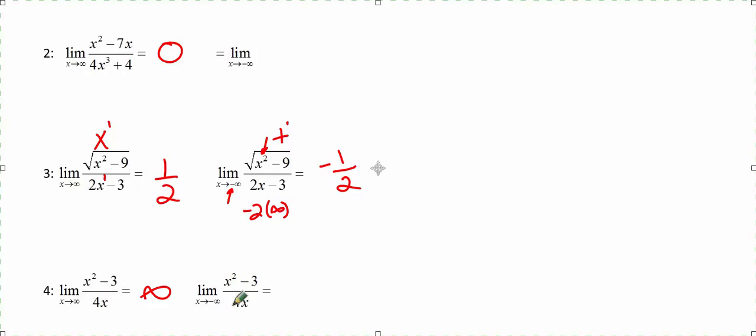If I plug in negative infinity, I'm going to get a positive over negative, so that'll actually be negative infinity. If you think about division, this will end up being basically a linear equation, but this part right here won't be, so you'll end up getting a slant asymptote. On the left side it goes down forever, and on the right side it goes up forever. So you can always verify these with a graph.